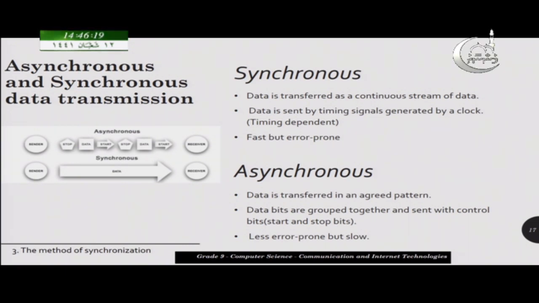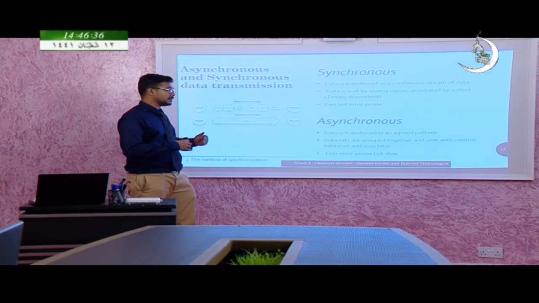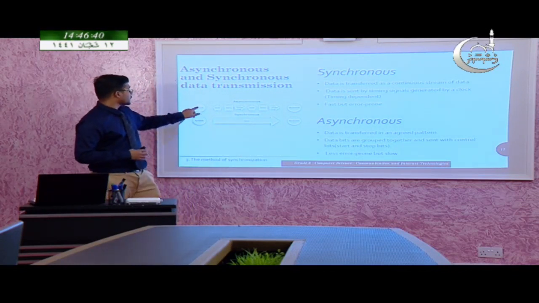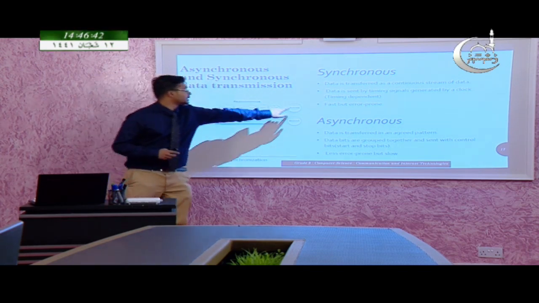On the other hand, asynchronous data transmission is a transmission pattern in which we will be transmitting only when we want to send data. For example, data is transferred in an agreed pattern. We will be saying that I'm going to send the data, and also that I have finished sending the data. For example, this is the sender and this is the receiver.